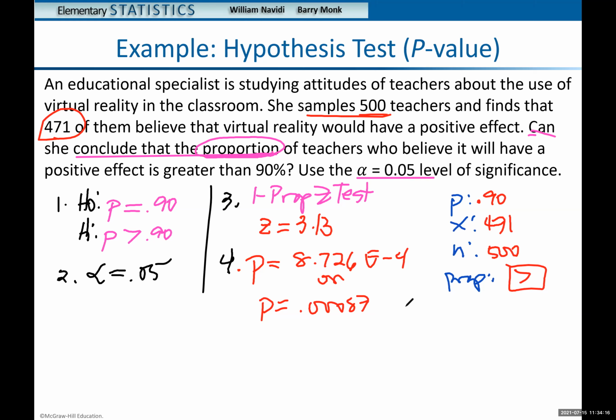Or another option: since you have E, let's say -3, -4, -5, -6, more than 3, instead of writing the whole thing, you can write 0 plus. When you use 0 plus, it means it is a very, very small number, but not exactly equal to 0.